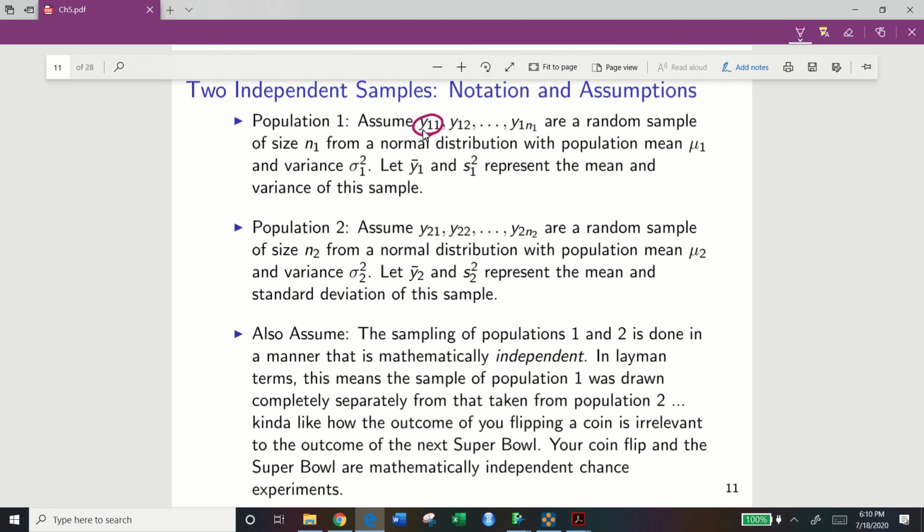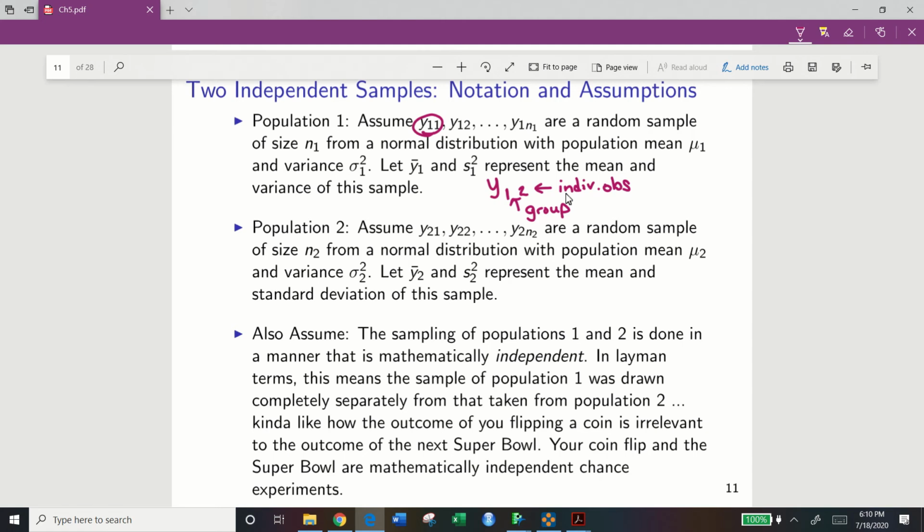What this is showing us is our first coefficient tells us what group we're in, group 1 or group 2, and then our second coefficient gives us the individual observation in that group. So y12 says that this single observation is in group 1 and it's the second observation.